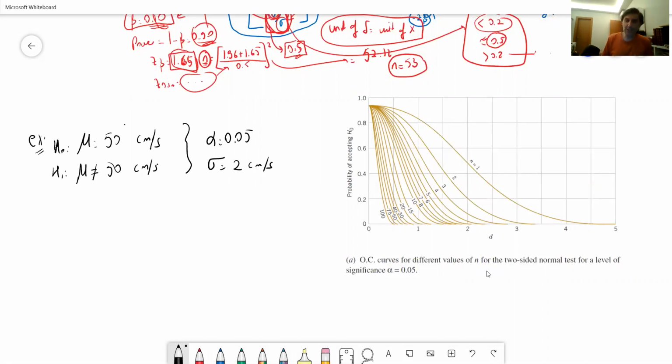So now the question is this: we would like to conduct a test, but we do not know the sample size here. What should be the sample size? In order to determine the sample size, we also need to determine the power of this test at a certain effect size.